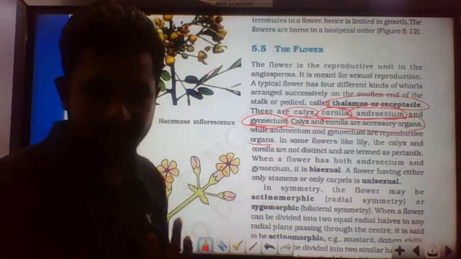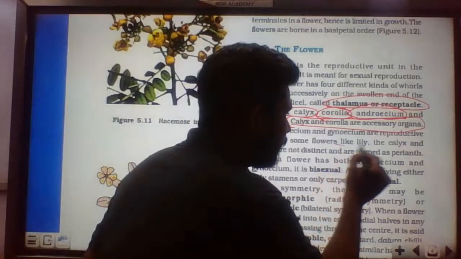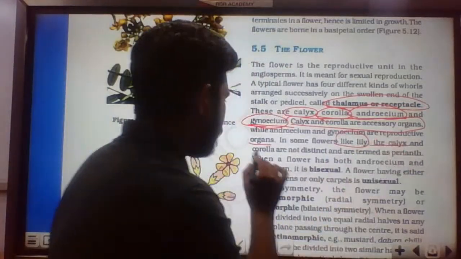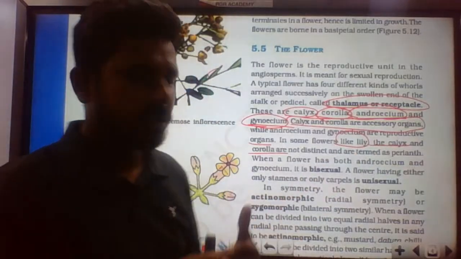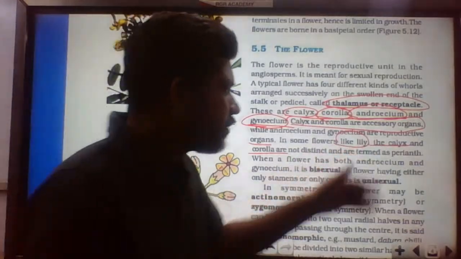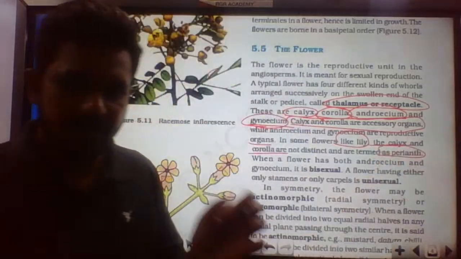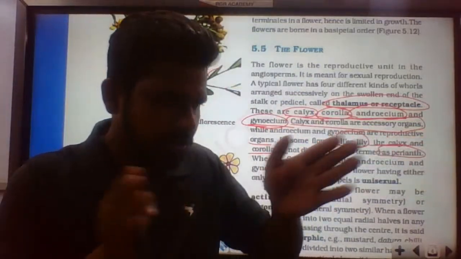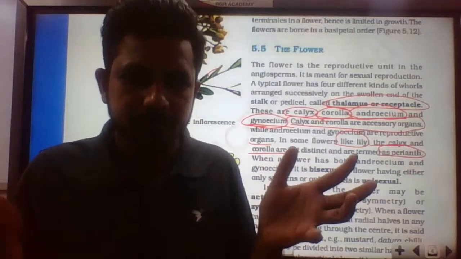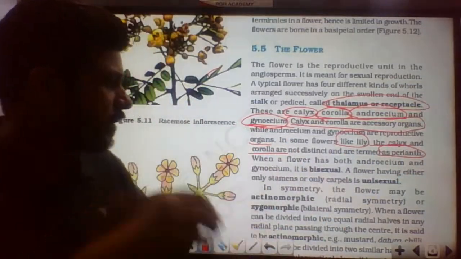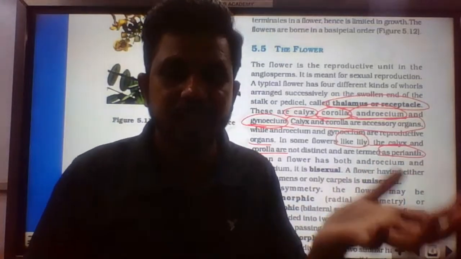In some flowers like lily, the calyx and corolla are not distinct, which means they are not distinguished. That's why they are termed perianth. There is no distinction between the petals and sepals; both are combined together to form a structure known as perianth.